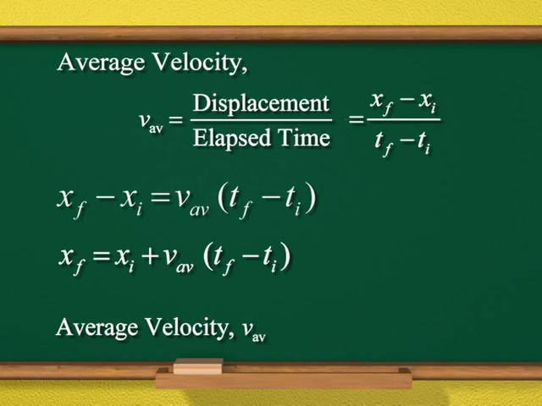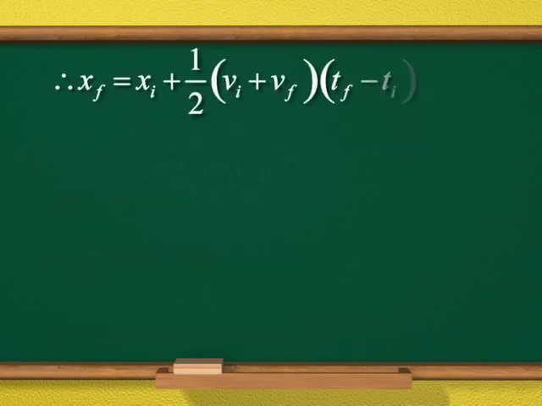That is, v average is equal to the sum of initial velocity vi and final velocity vf divided by 2. On substituting the value of average velocity in the obtained relation for position, we get xf equal to xi plus half of the sum of vi and vf multiplied by tf minus ti.